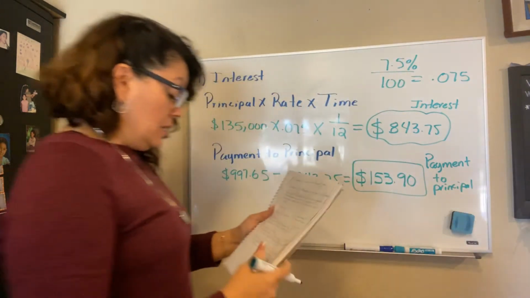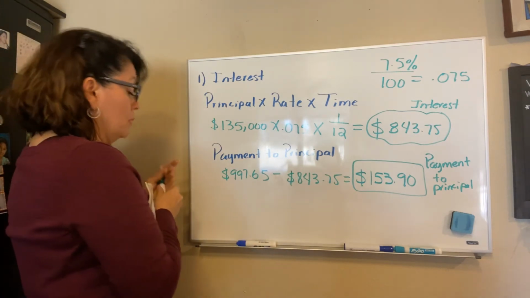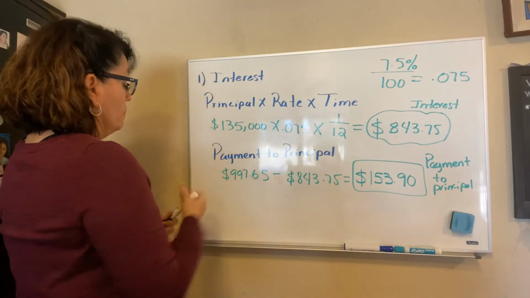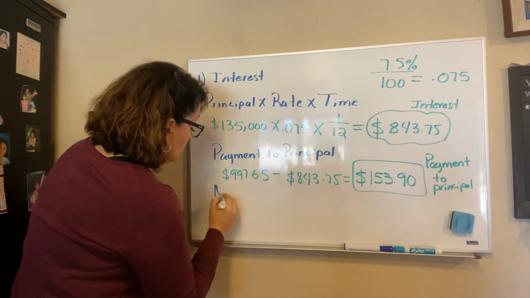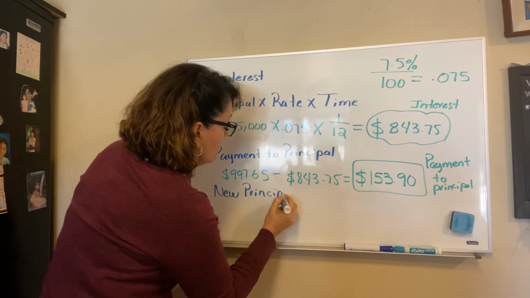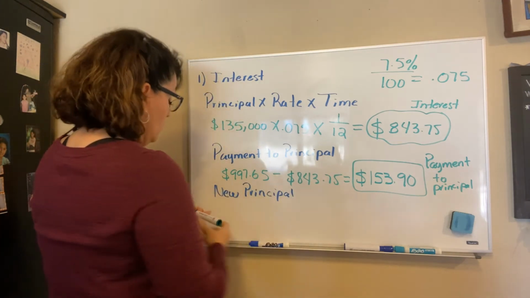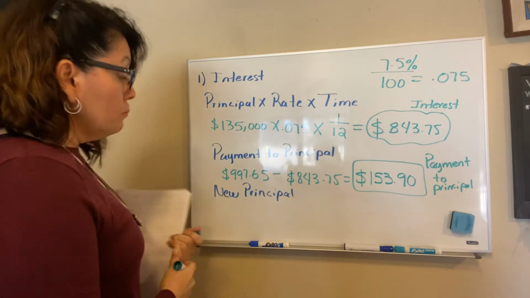And in step number 3, I'm going to find my new principal. What is my new principal now, after I make my first monthly payment? I'm going to grab my principal.